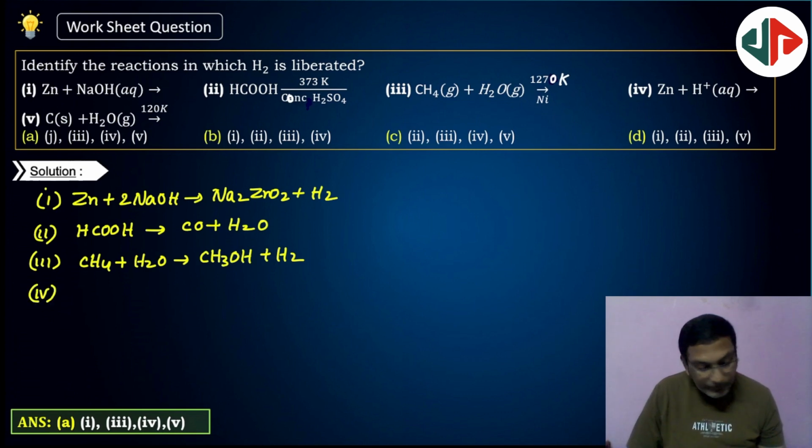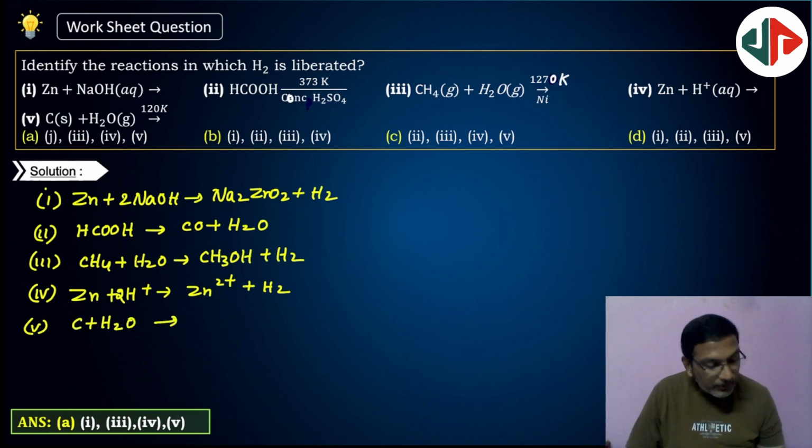Fourth reaction, Zn plus 2H+ gives Zn2+ plus H2. Fifth reaction, C plus H2O at high temperature, 1270 Kelvin, gives CO plus H2.